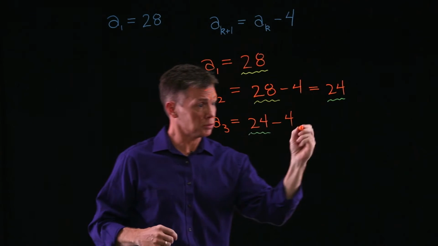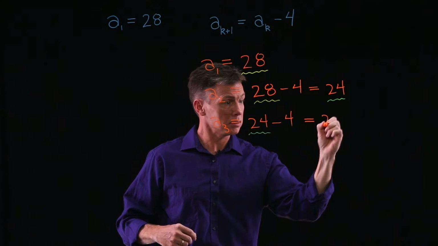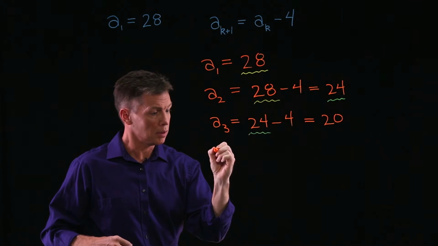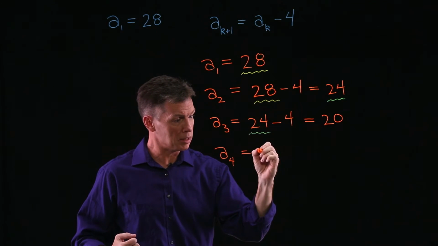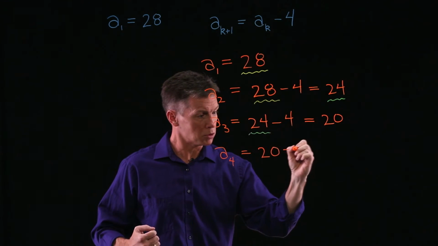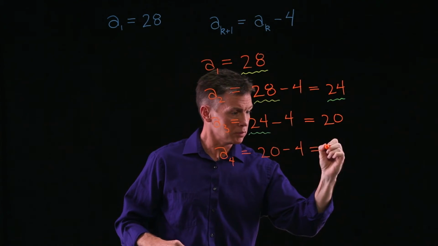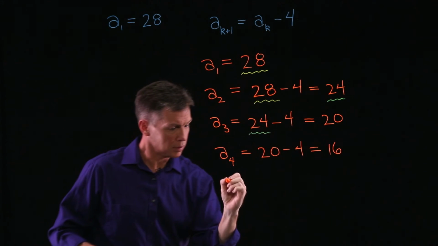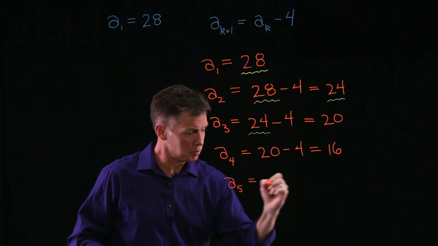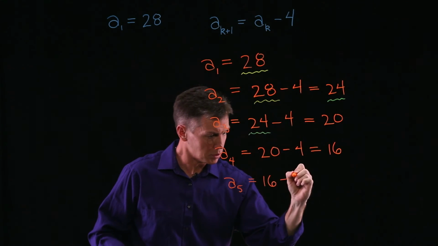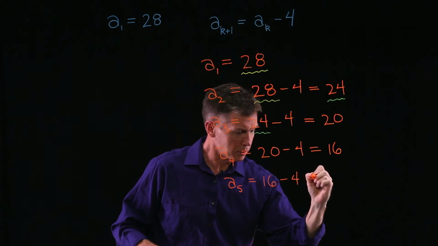So 24 minus 4, simplify, 20. A sub 4, grab the previous guy of 20, subtract 4, simplify. A sub 5, grab the previous guy, subtract 4, and simplify.